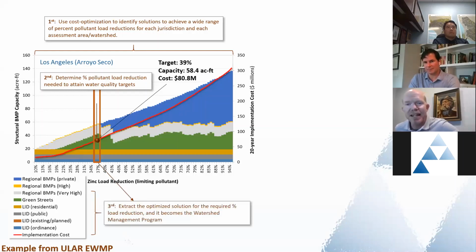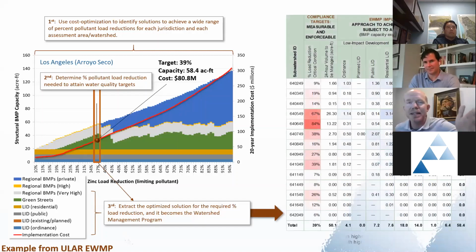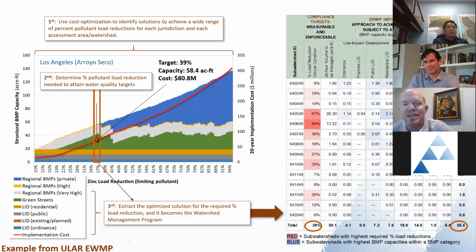We call that a slice. That slice can be extracted. See the 39% reduction at the bottom of this table, and that is where some of you remember the recipes for compliance out of the RAAs. That's what that slice contains. It contains all of the detail for an individual solution.